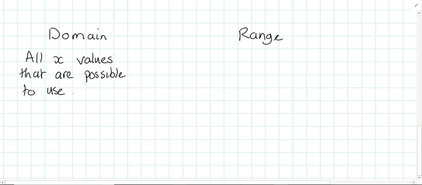Now, when I say the word possible, the domain, have you ever heard a saying, this is my domain? What does that mean? It's like, that's my area. This is my district. I own this. This is your place. What happens here is my decision. Yeah. Domain, the x values that are possible.